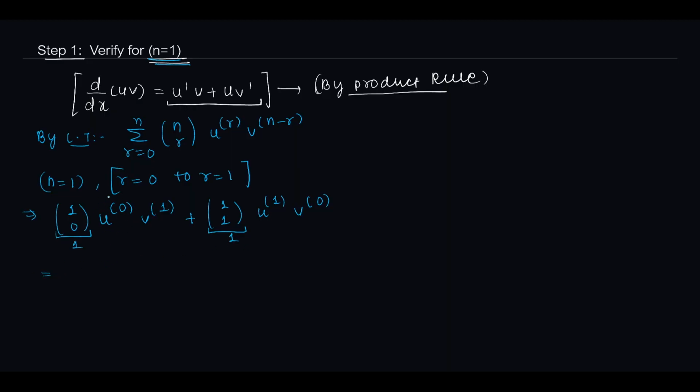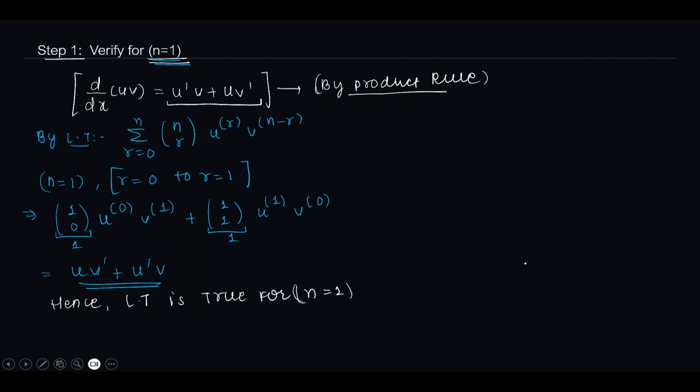This is the 0th order derivative of u, which is u itself, and this is the first order derivative of v, which is v prime. Similarly, this becomes u prime v. So you got the same result as that of product rule. Hence, Leibniz theorem is true for n equals 1.